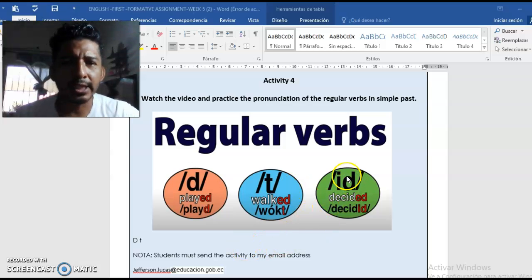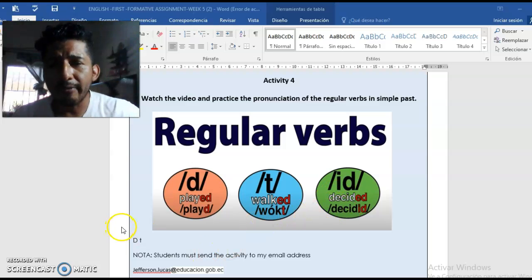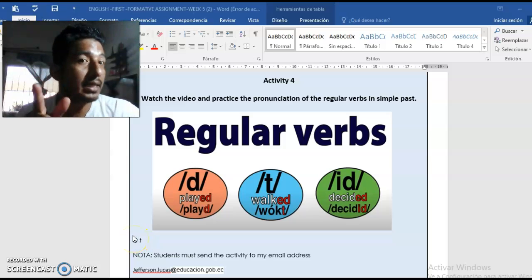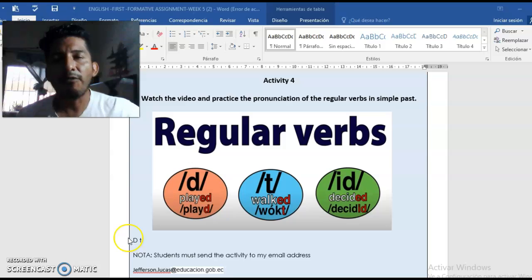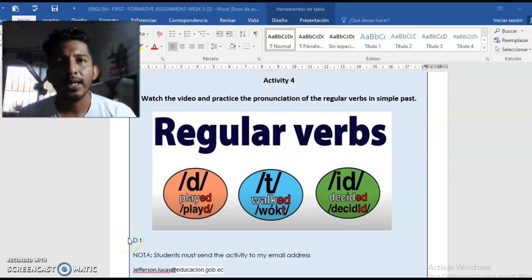The final pronunciation is id, id. For example, decide in present, in past, decided, decided. It happens when the verb pronunciation ends in final D. For example, decide, decided.